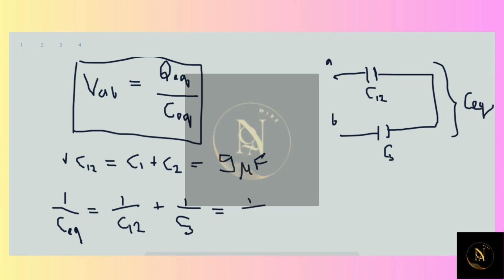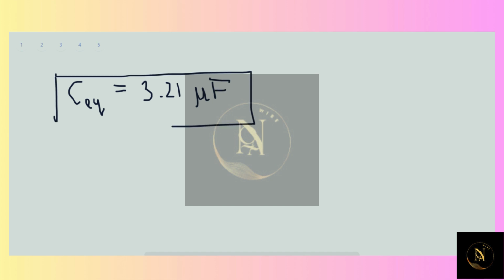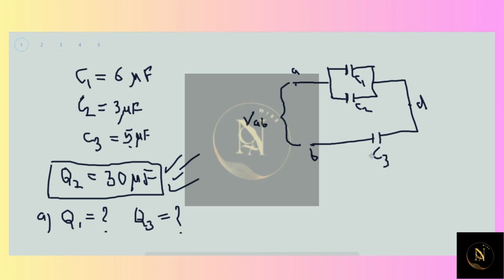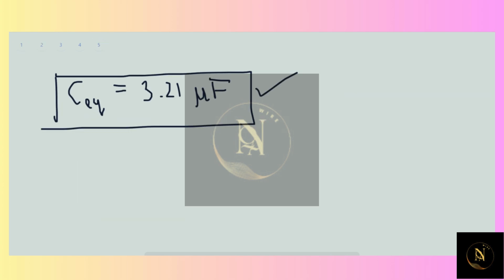If we calculate this, it's 1 over 9 microfarad plus 1 over 5 microfarad, the value of which comes out to be around 3.21 microfarad. So this is the equivalent capacitance of the combination of three capacitors C1, C2 and C3.